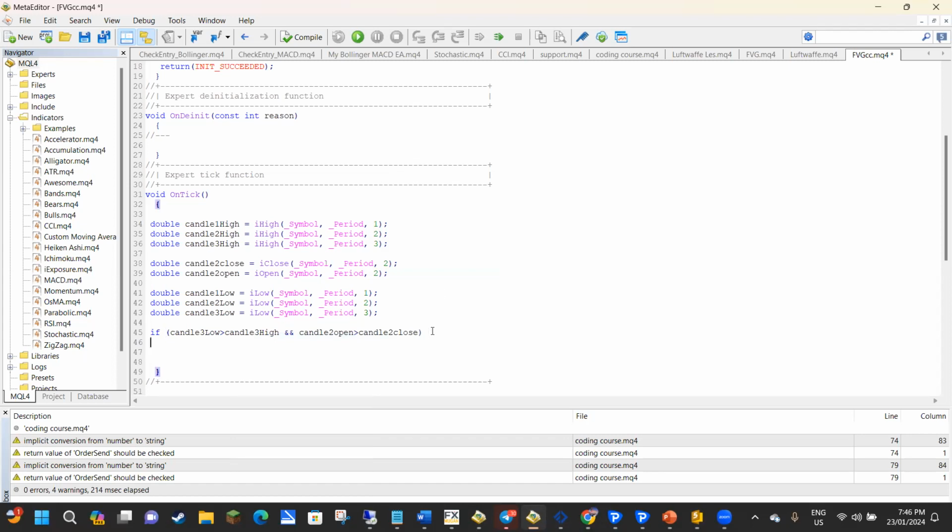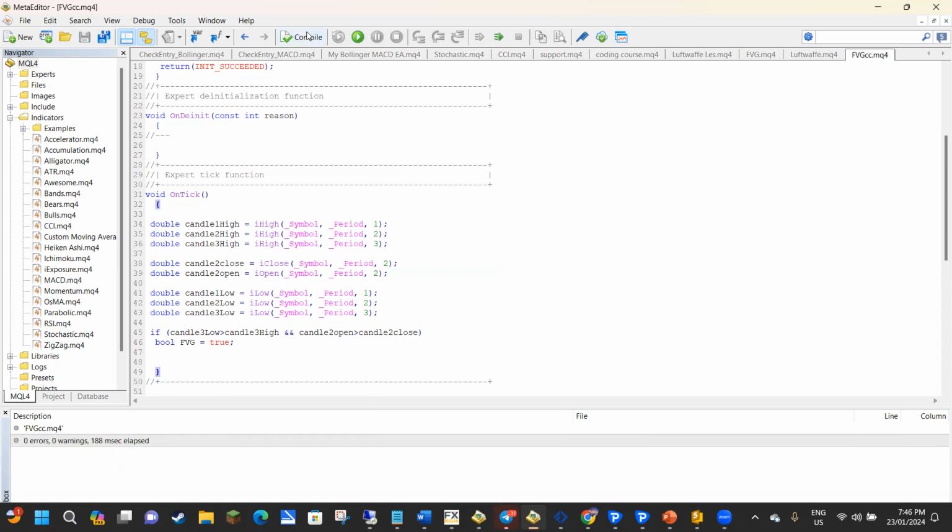And then that would give FVG equals true, if you wanted to. That might be just a condition to see if you found a fair value gap. We have to do something like that so that it should compile. Look at that, no errors.